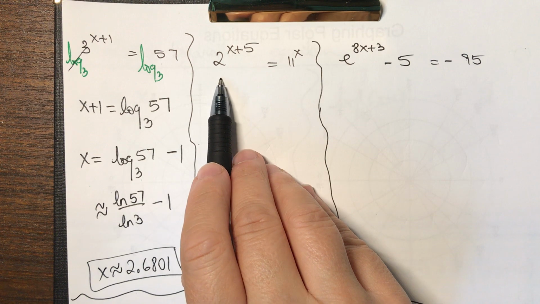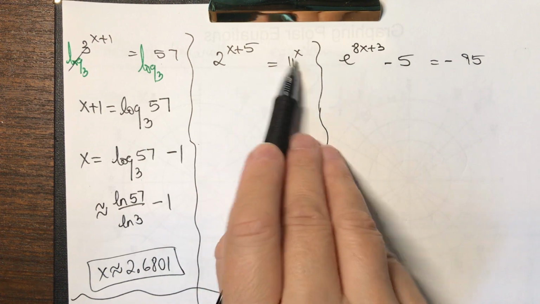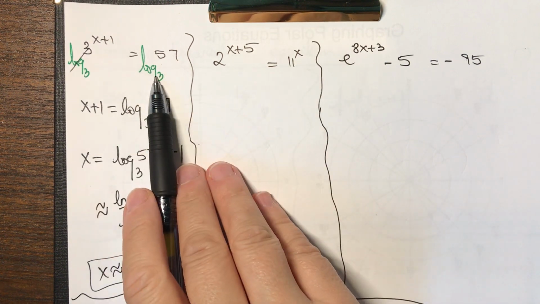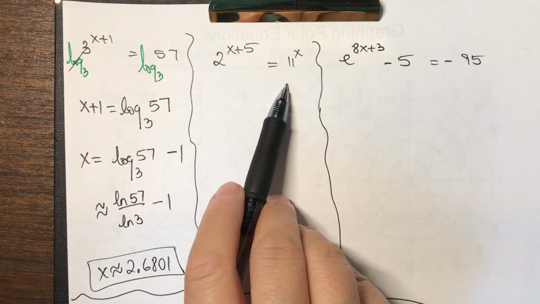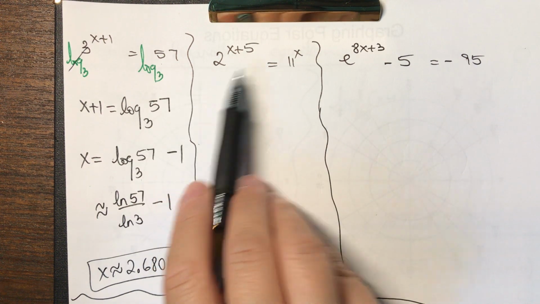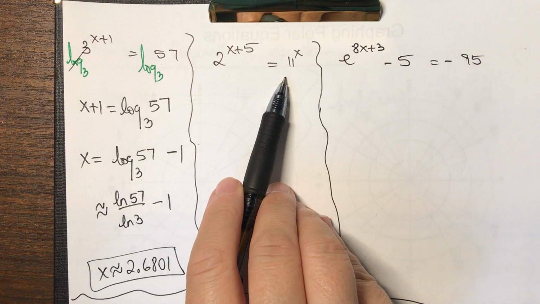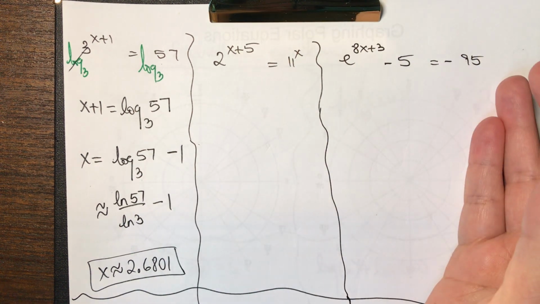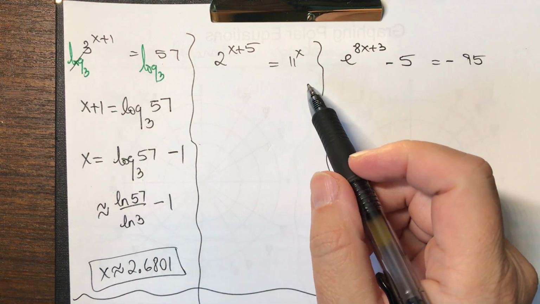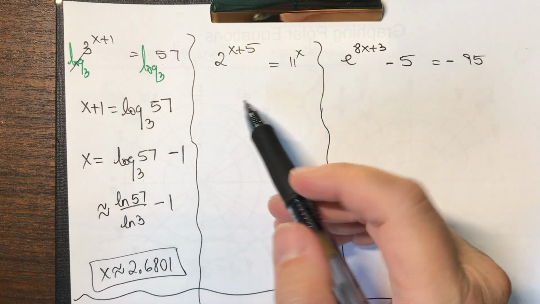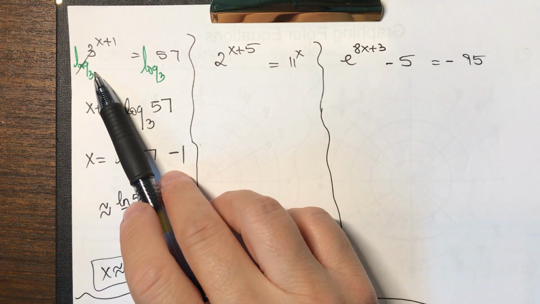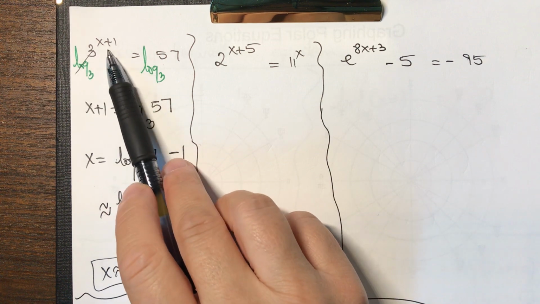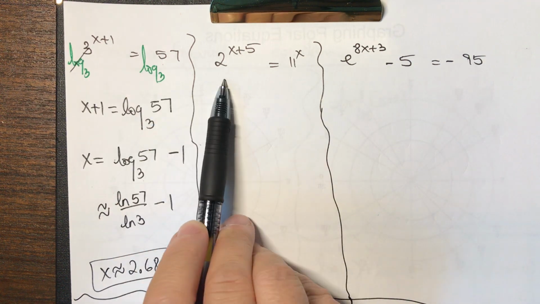Okay, now it's getting even worse because look at this. The x's are now on both sides, and both 2 and 11 don't have a common base, right? So I can't rewrite them, as 11 is not a power of 2. So how can I solve this problem? The nice thing before was we just had the x's in one exponent, so I logged it with a base of 3.